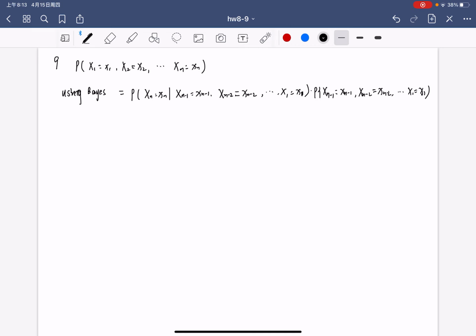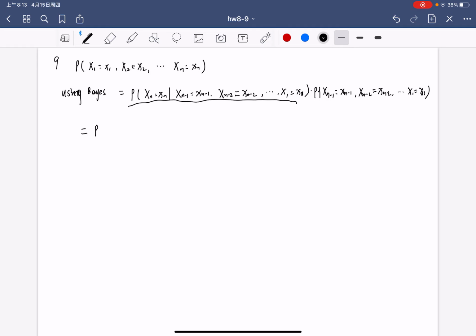Because it is a Markov chain, and the nature of the Markov process is that the probability of the future is only related to the current state and not the past states, we can rewrite this part into this format.